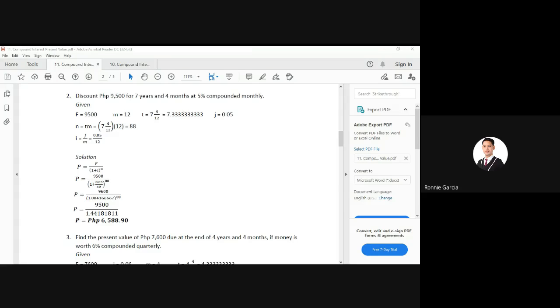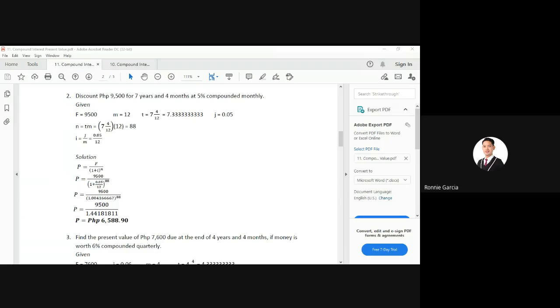I'm still waiting for your answer. Again, if you are dealing with money, you should know that the answer is to the nearest centavo.